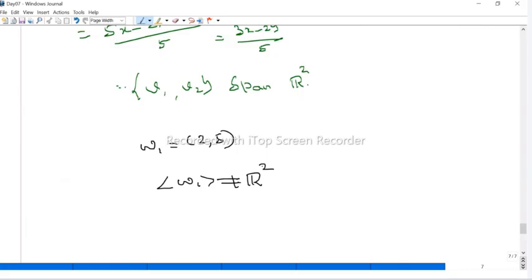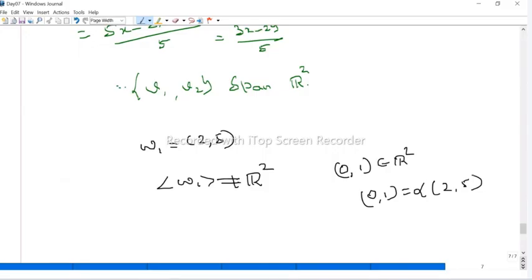We cannot write every element of R2 as a linear combination of (2, 5). For example, take (0, 1), an element of R2. We cannot write it as a scalar multiple because we have only one vector. We would have to write alpha times (2, 5).